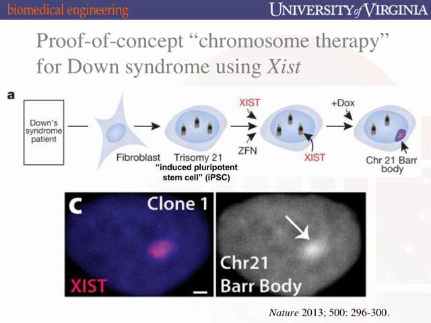And it looks like it worked. So there's the XIST, Barr body, all the functional studies, being able to reverse the gene dosage. So at least as a proof of concept, it shows a nice example of how one could combine the concepts of X inactivation, long non-coding RNAs, and epigenetics for developmental syndromes.